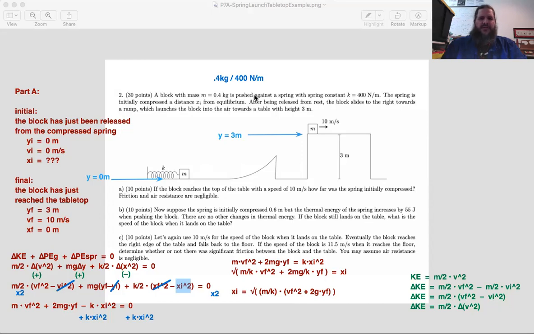In general, a very useful technique if you're dealing with multiplication or division of inconveniently large or inconveniently small numbers is to write everything in scientific notation. Like 0.4 is just 4 times 10 to the negative 1. And 400 is 4 times 10 to the 2.